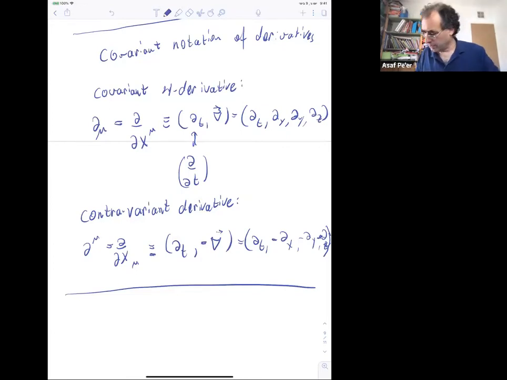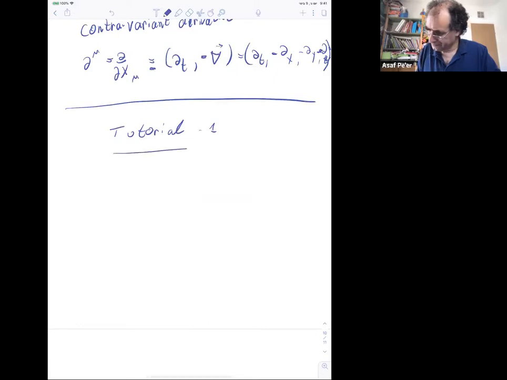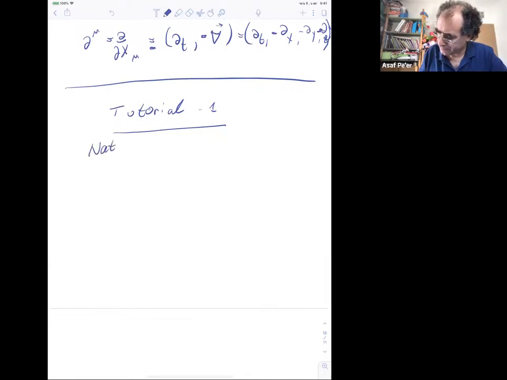All right, so we're going to begin our tutorial. Tutorial 1. And the tutorial now will be about natural units and relativistic kinematics.